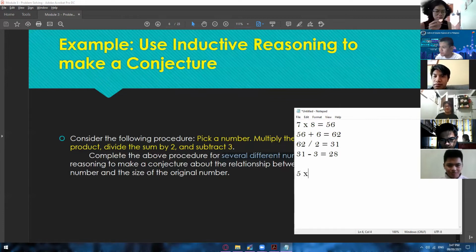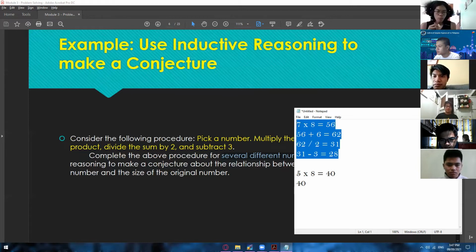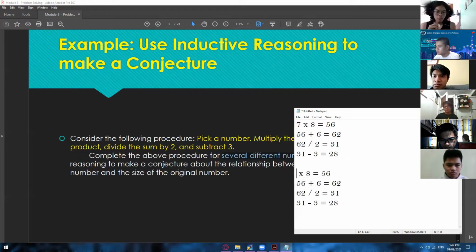Okay, so 5 times 8 is equal to 40, and 40 plus 6 is 46. And 46 divided by 2 is 23. And 23 minus 3 is 20.